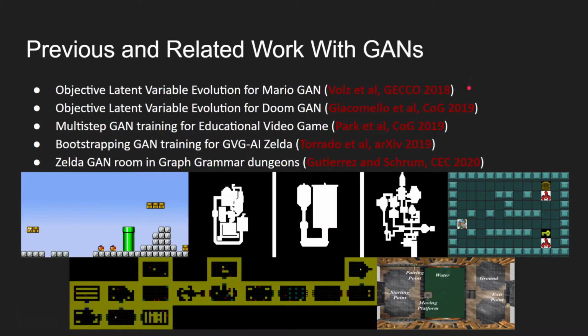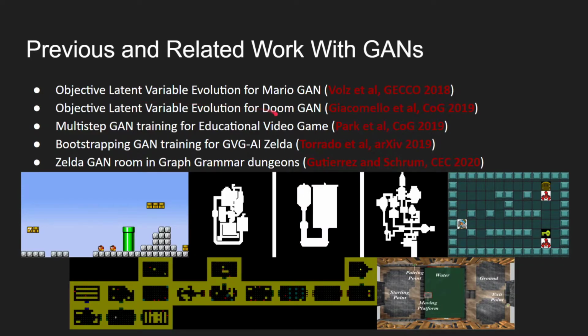GANs are a bit newer, and in particular, they were first applied to video games in 2018 by me and several other researchers who are also co-authors on this paper. We applied a GAN to Mario and evolved better levels.